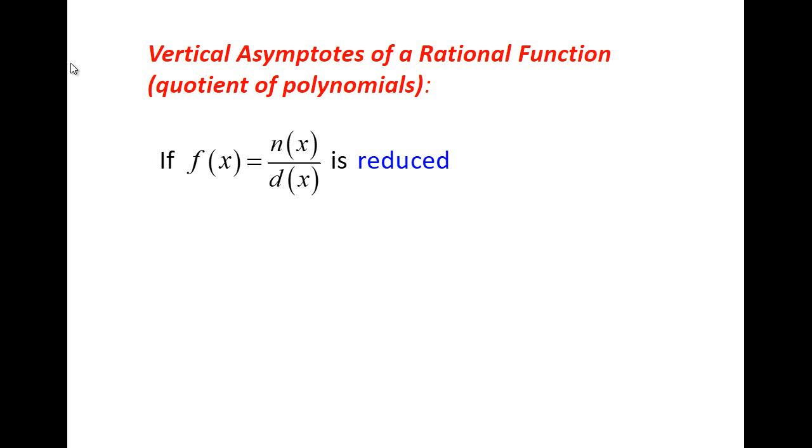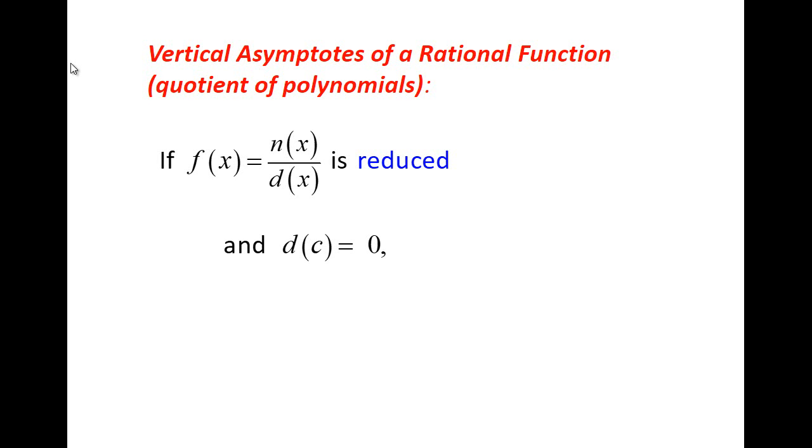So what do I mean by reduced? It means that the numerator and the denominator have no common factors. That is, you have factored the numerator and the denominator as much as possible, and you have canceled the common factors.